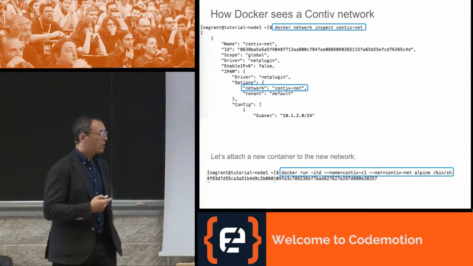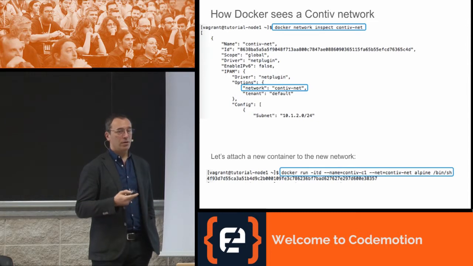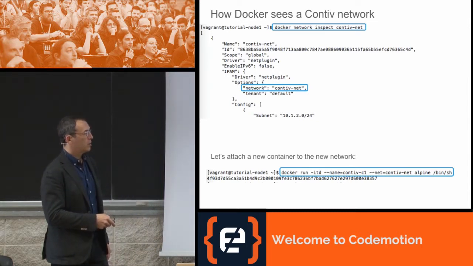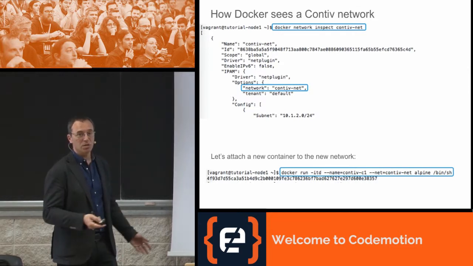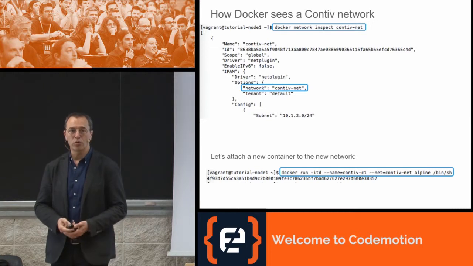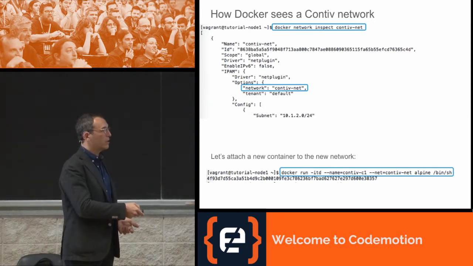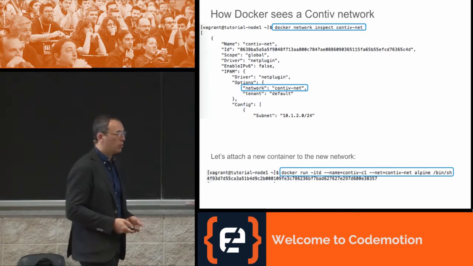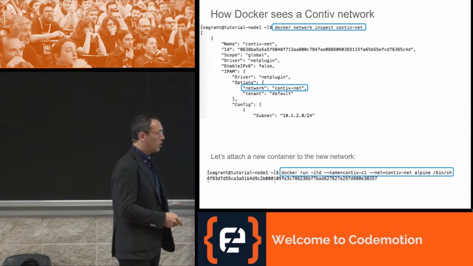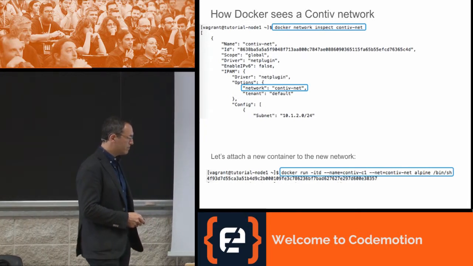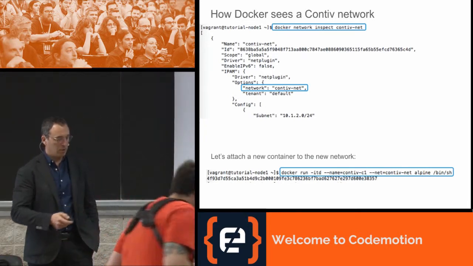If I want to create a new container and attach it to the network I have created, I will simply use the --net and the name of the network. So it's easy. It's identical to what you do in a native Docker environment, because ContivNet is just one of the networks available in that environment. So I am creating a container from the Alpine distribution of Linux, and it has been created immediately.